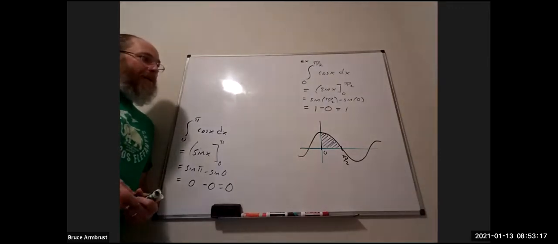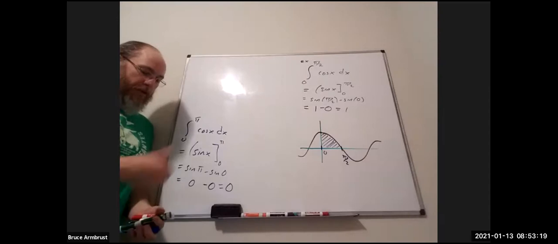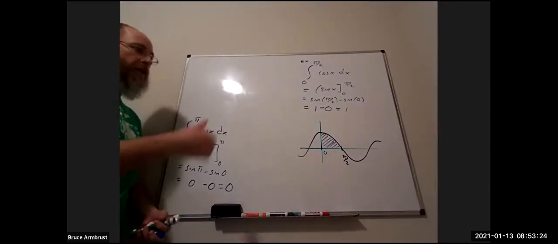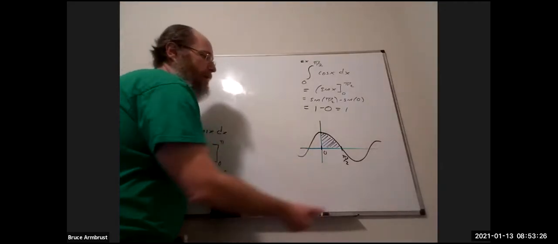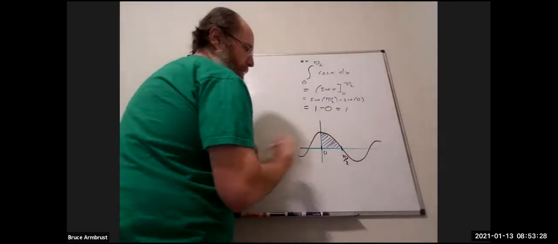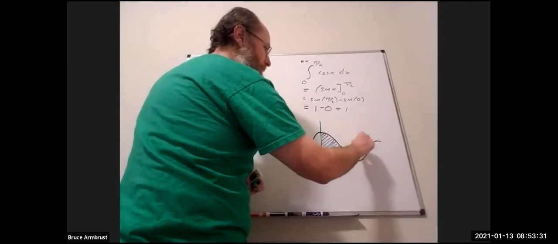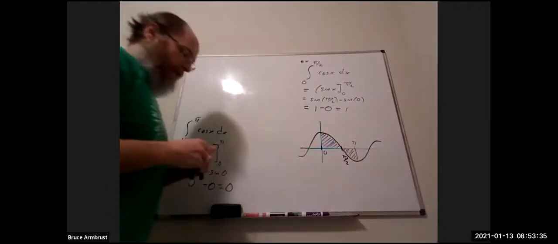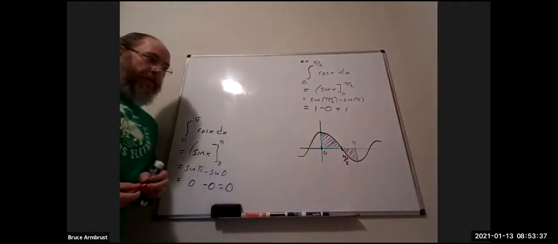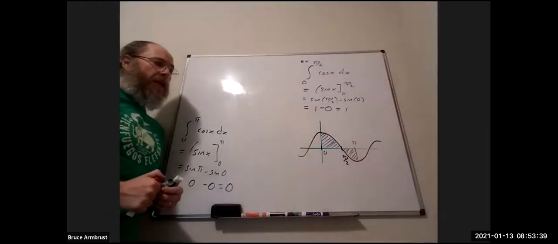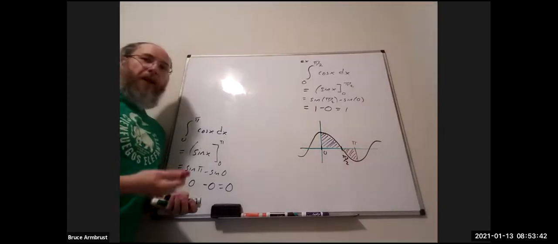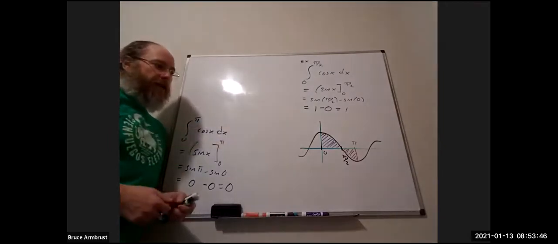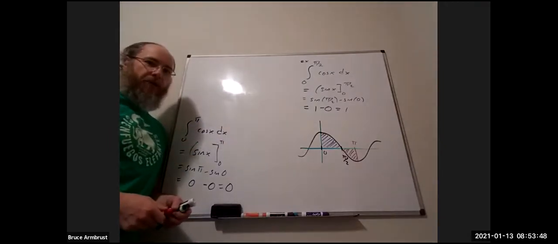Now, what ended up happening here is we increased the interval over which we're integrating from 0 to pi. Well, 0 to pi is now over here, so we're also getting this chunk that I marked there in red. And what we know from the graph of cosine, since it's got all that nice symmetry, is that the area in red is exactly the same as the area in blue.